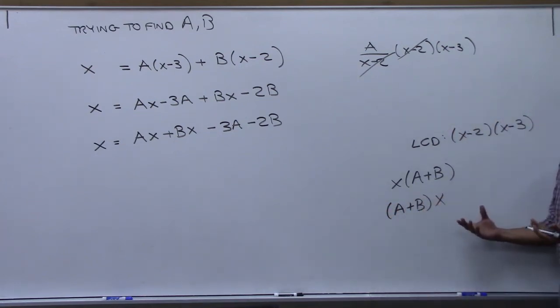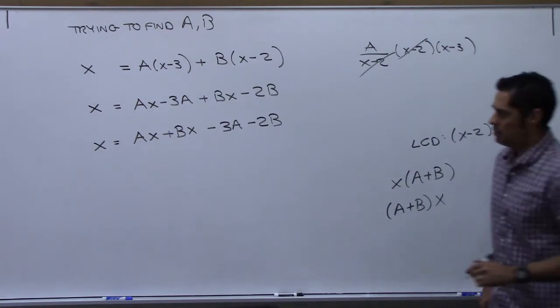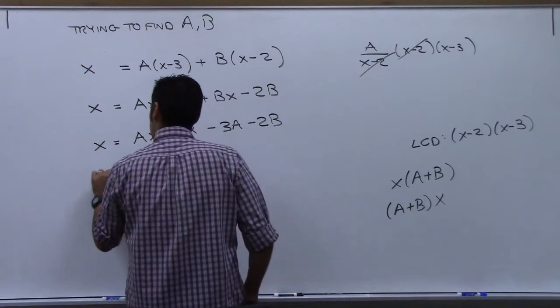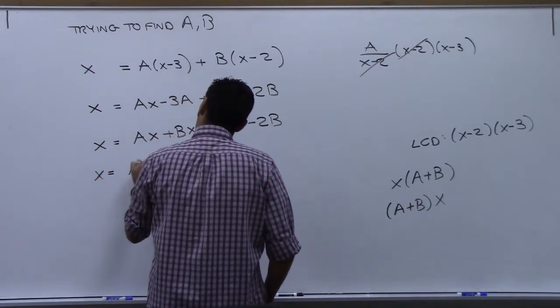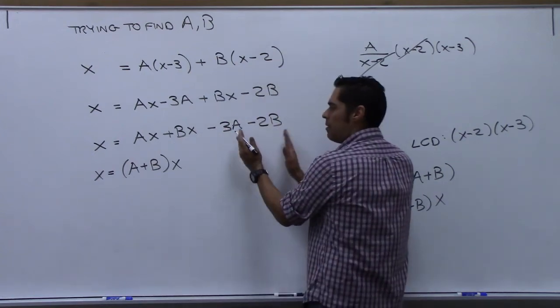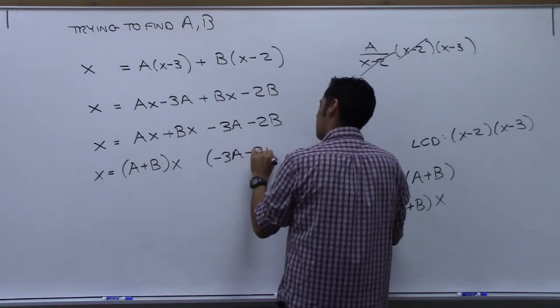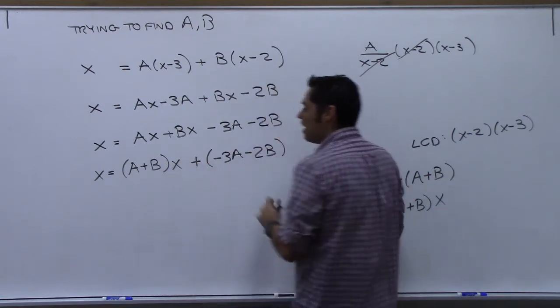Yes, right? I'm going to choose to write it this way, and you'll see why. So I'm going to write it (a plus b), parentheses x. And then these 2 right here, I'm going to write in parentheses, and I'm going to put a plus here. Is that the same thing?